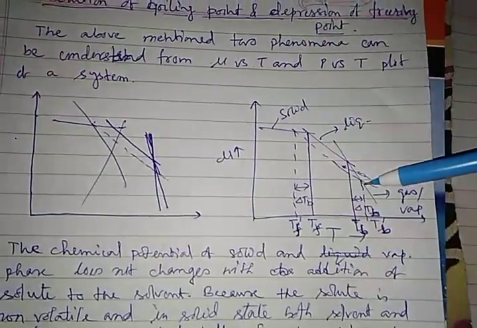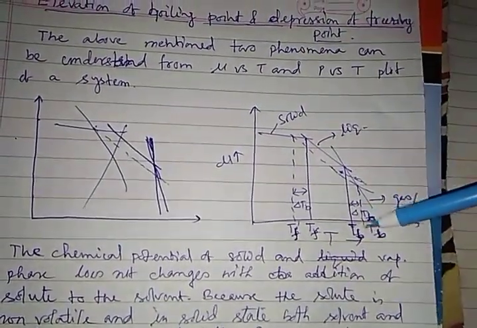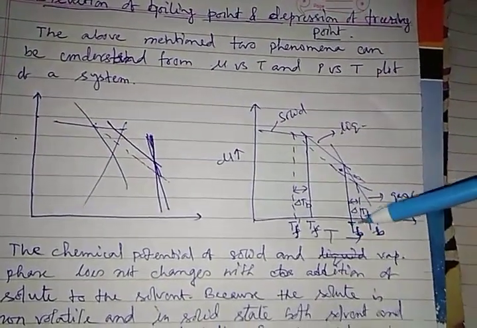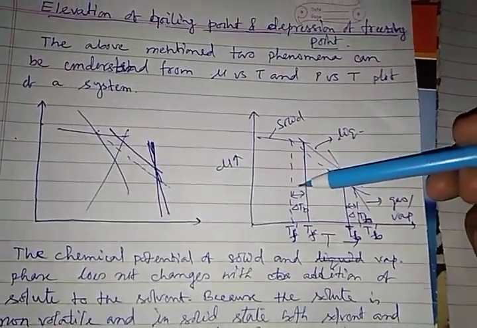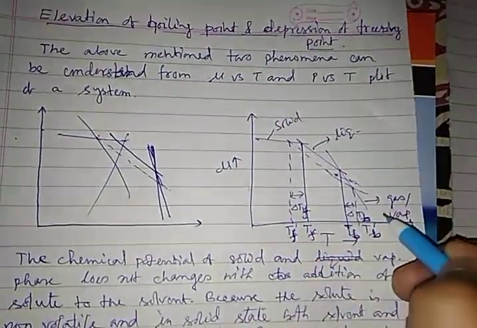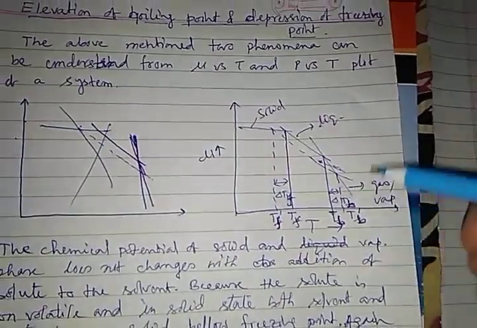Similarly, the new touching point for boiling is here, so the boiling temperature now increases from the boiling point of the pure solvent. So that amount is delta TF for freezing, and this one is my delta TB. Okay, this is one case.